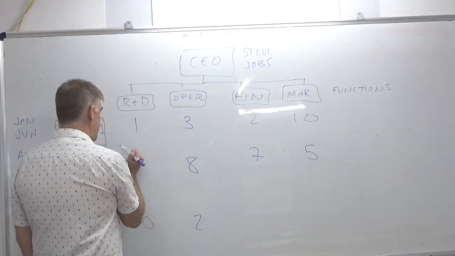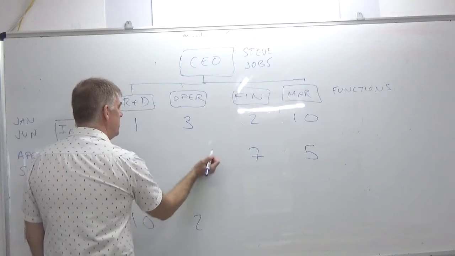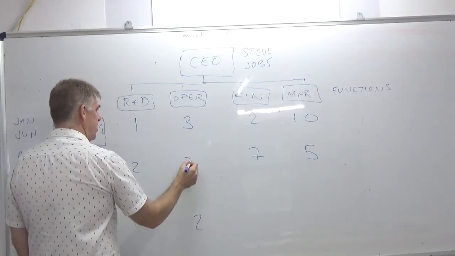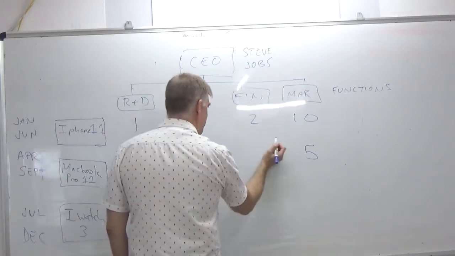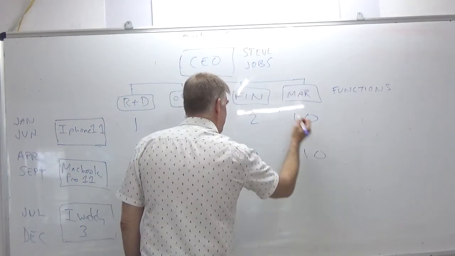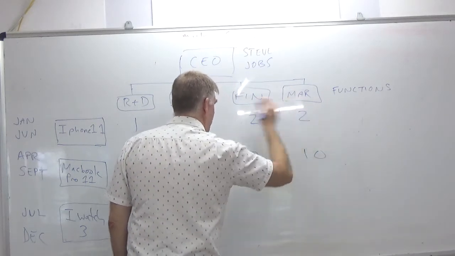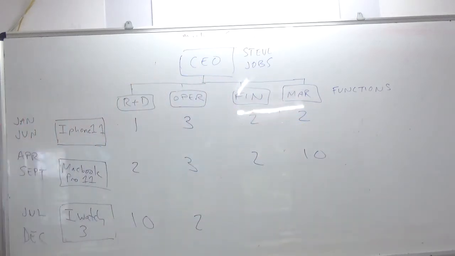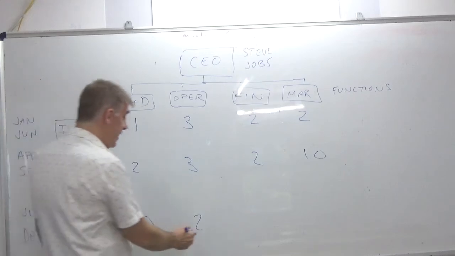This project is starting to slow down. This operations is going well. Finance is going well for this, and they're marketing this. These people are mostly done with their job. That project is already moved on. And we're at the beginning of this project.